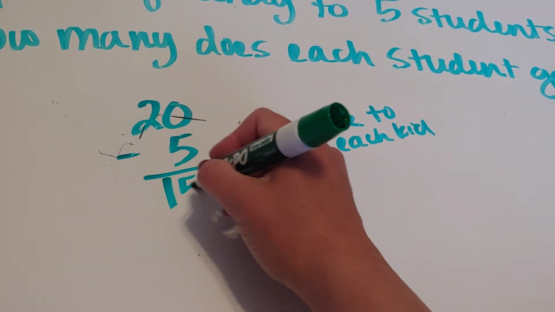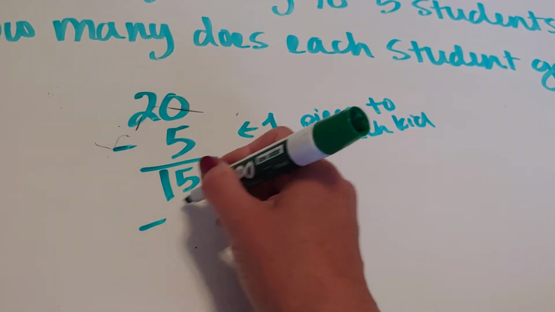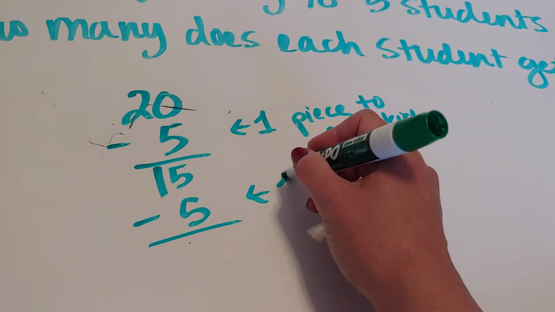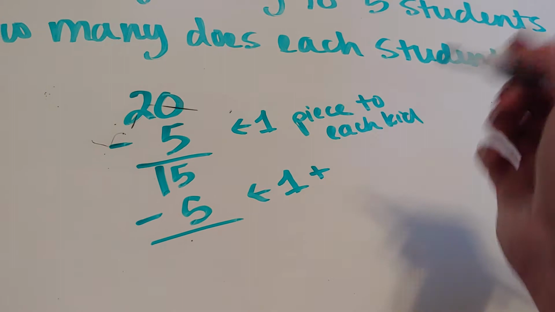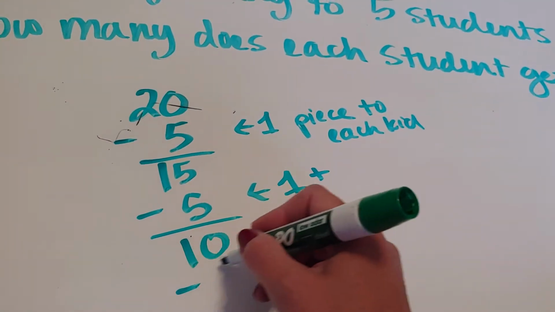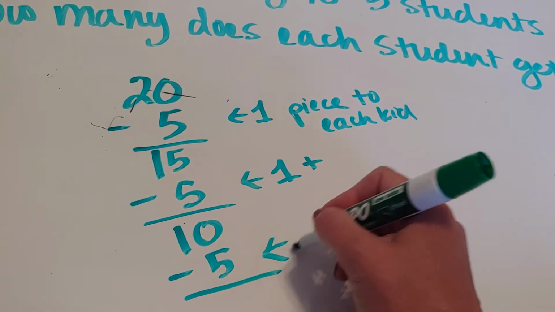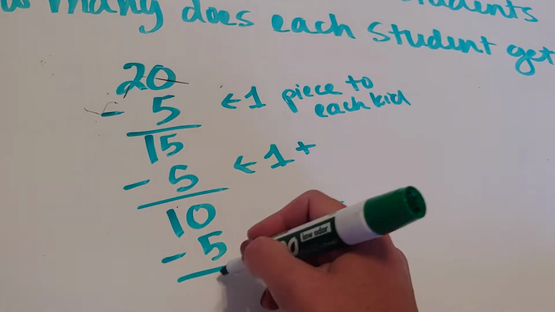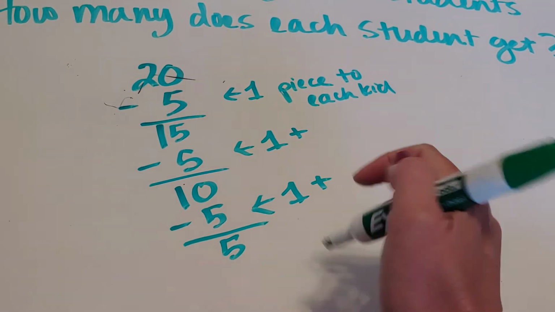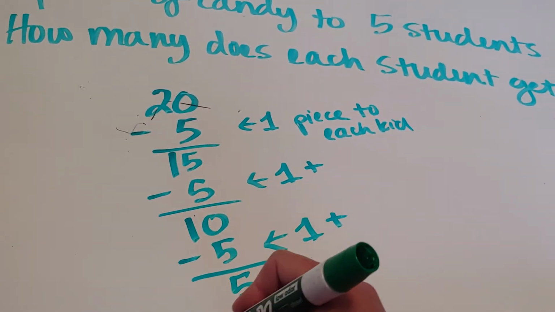Okay, I now have 15. I'm going to do that again. Pass it out again. So now there's another piece. Now I have 10 left. I still have enough for another piece. There's 5 left. Do I have enough to pass out? I do. I have exactly enough.